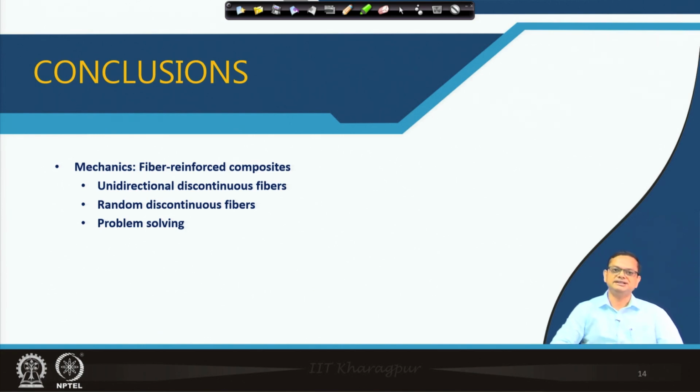In both cases the fibers are short fibers. However, in one case it is discontinuous, in the other case it is continuous. So, in both cases how can we find out the modulus values and ultimately the strength value also of the composite materials. That is what we discussed in today's class.